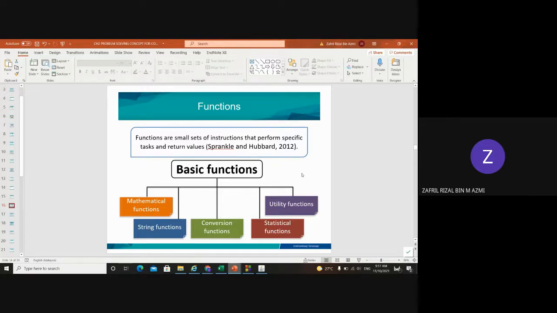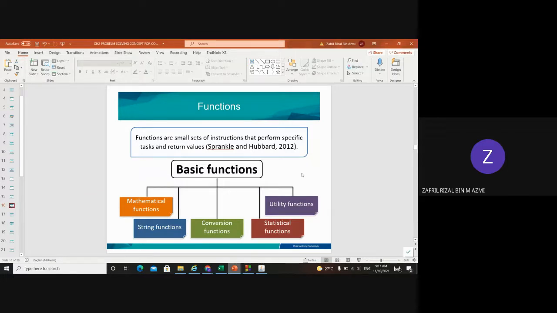A function already defined inside the programming language library. If you want to use it, you as a programmer just call the function name. The second one is a user-defined function, where you as a programmer write the actual program for that particular function, from scratch.